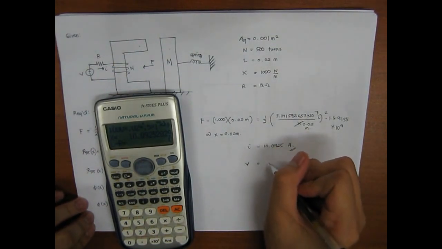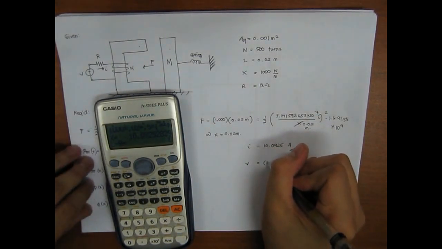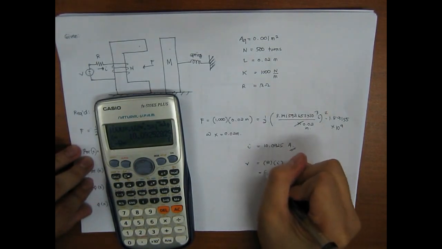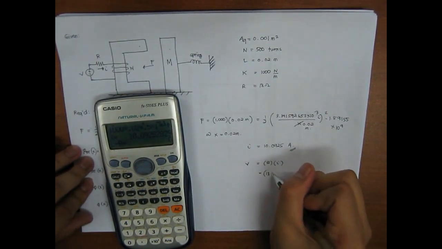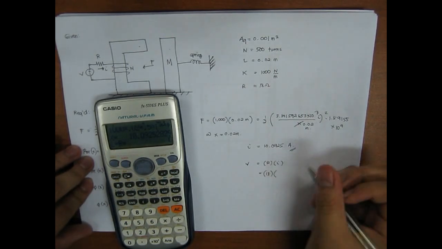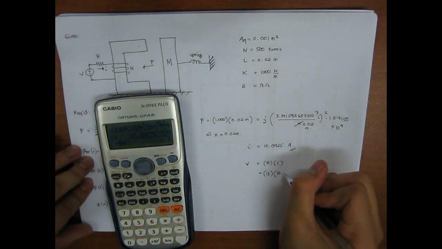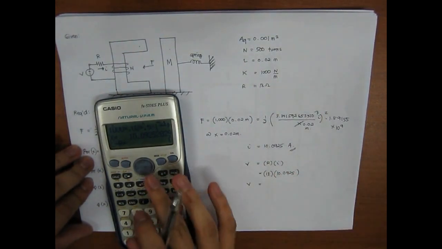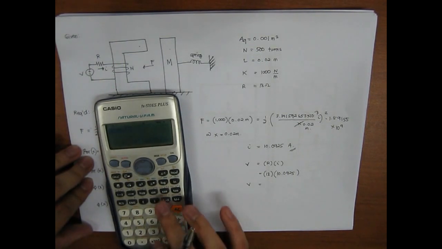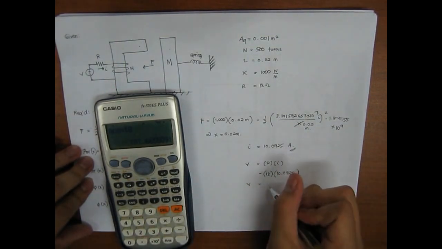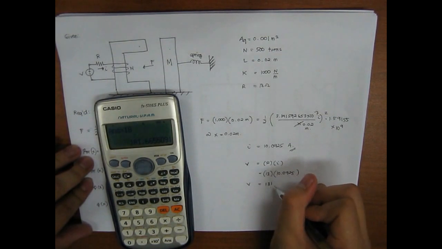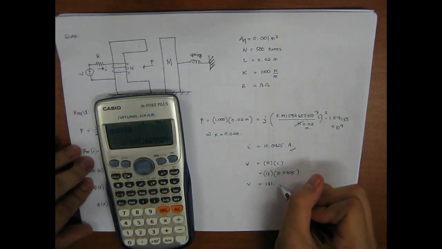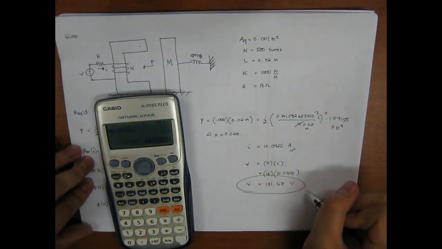So we have V equals, just simply the ohms now, R times I. So R is 18 ohms, the coil resistance, times the excitation current, 10.0925, and this results to times 18. So the excitation voltage is equal to 181.67 volts, and that's the answer.